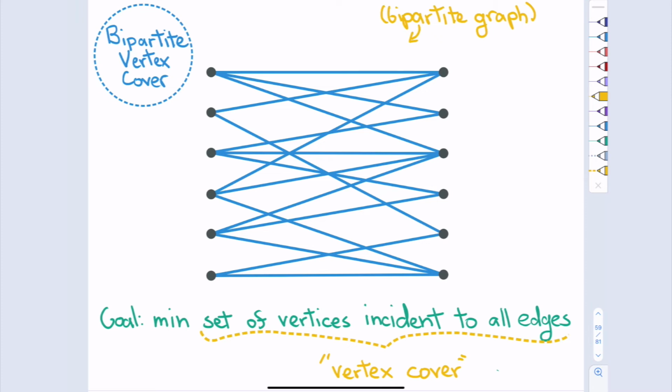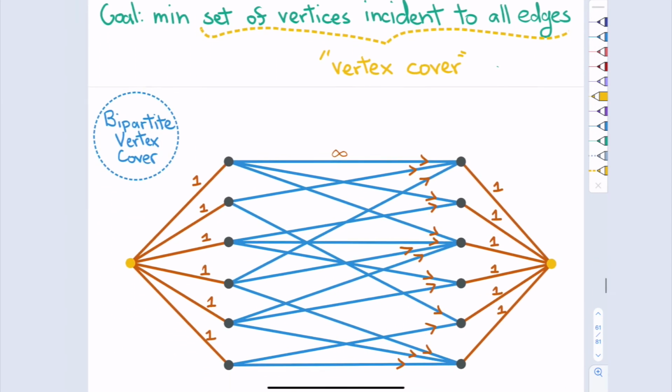All right. So for vertex cover, you can do the same thing.